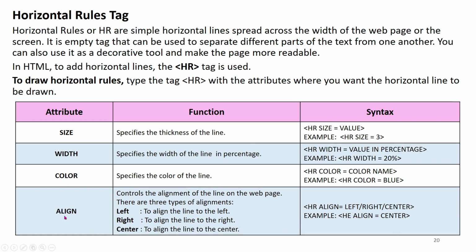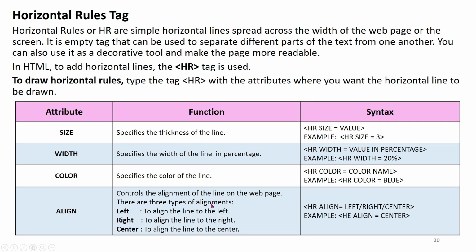Now the next attribute is align. This will align the underlined or the horizontal line towards left, right or center. That means again this is also horizontal alignment from left to right. The align attribute controls the alignment of the line on the web page.